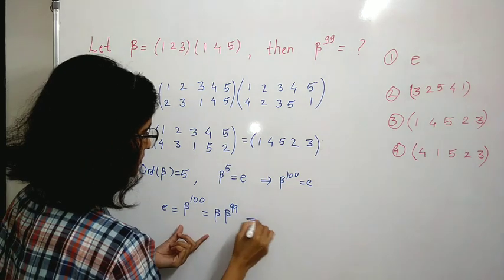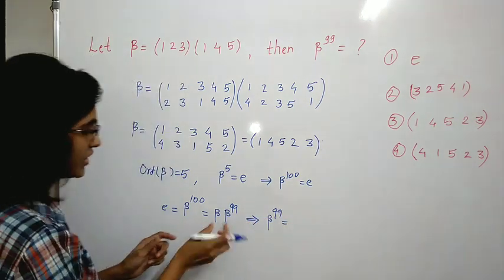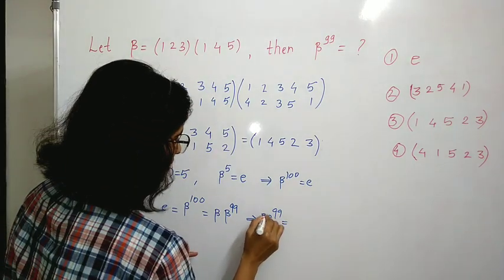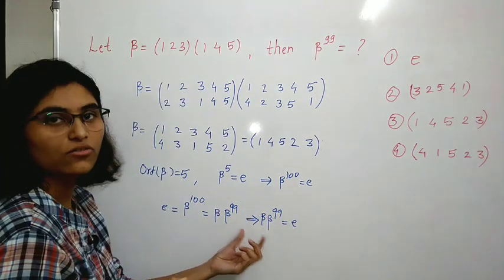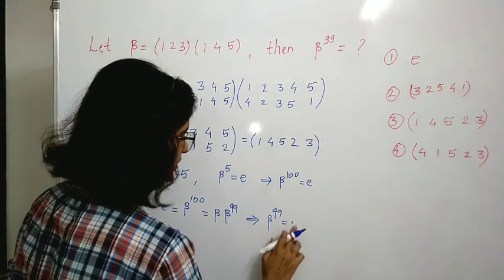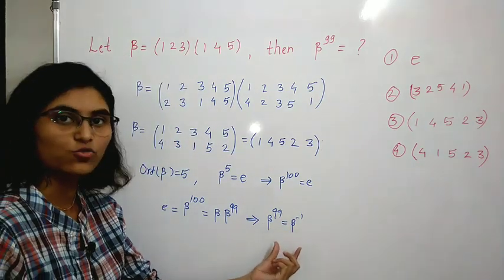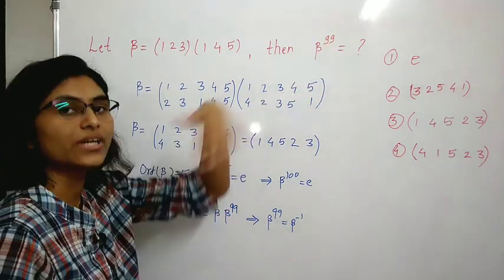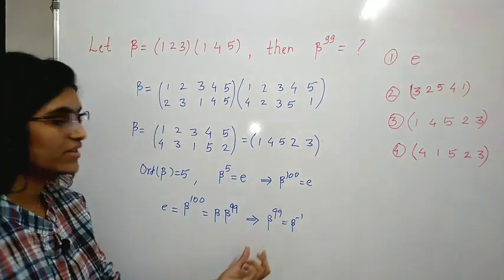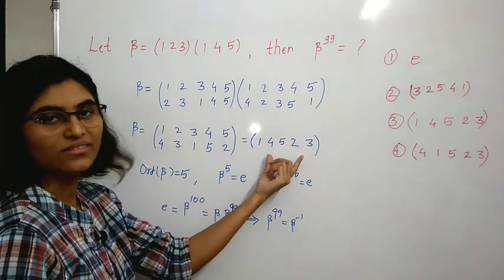Now from this we have beta raised to 99 times beta is equal to identity. So beta raised to 99 is the same as beta inverse. So we just have to find out beta inverse in order to find this beta raised to 99. So what is beta inverse here? Note that beta is equal to this cycle.